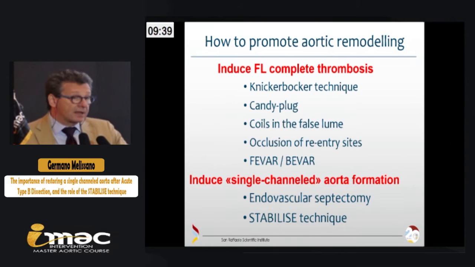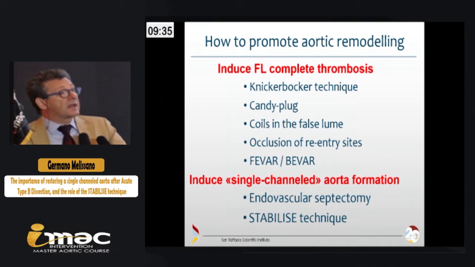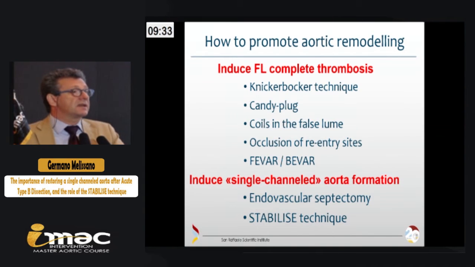It can be obtained with fenestrated EVAR, as in the beautiful case that we saw yesterday live from Paris, fenestration for treatment of dissection. But also there is another method which, yes, is less intuitive, but probably has even more efficacy, which is to try to induce the formation of an aorta with a single channel.